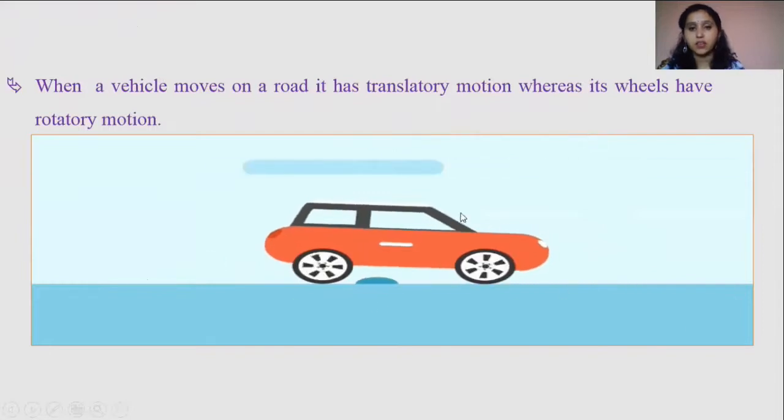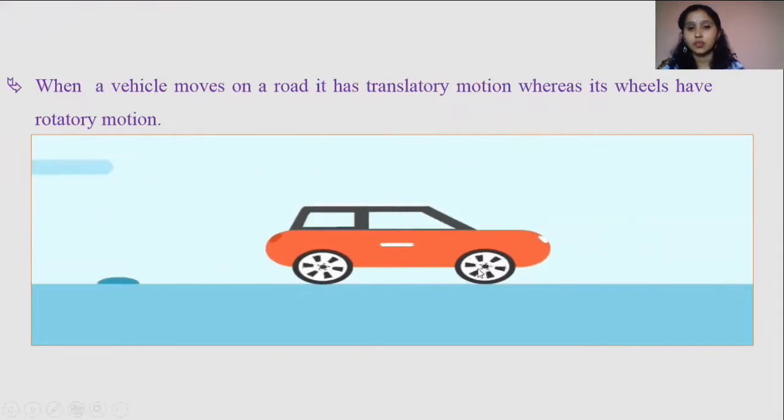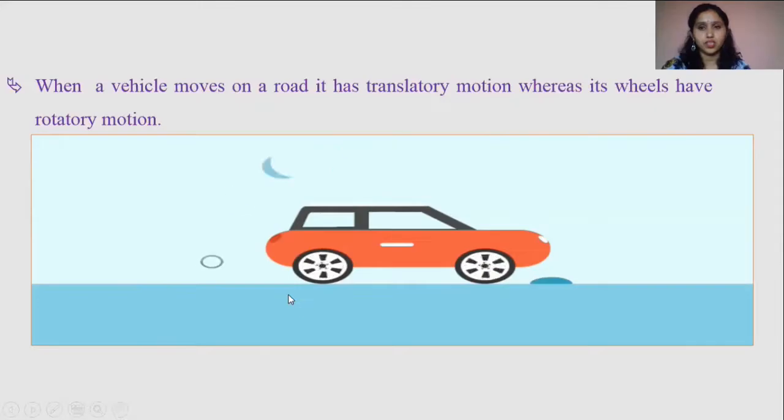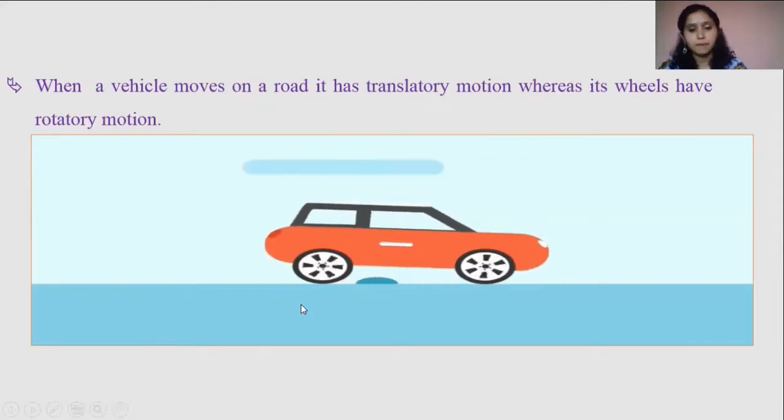But if we look only at the wheels, they are moving on their own axis. That means they have rotatory motion. So in the moving car, at the same time there are two types of motion, translatory as well as rotatory.